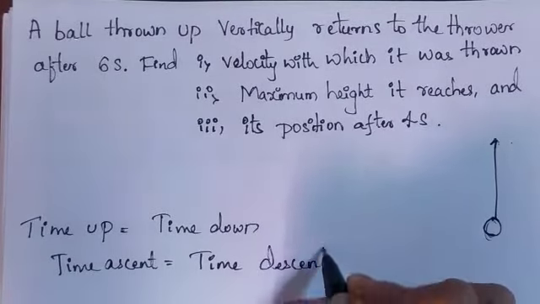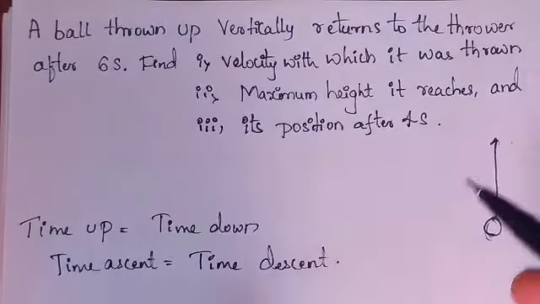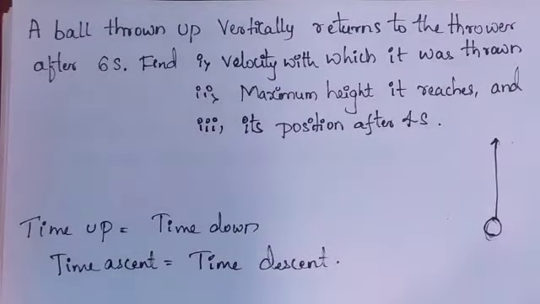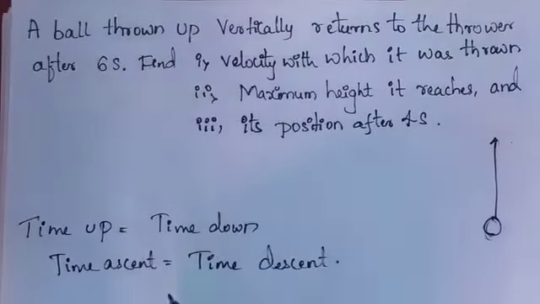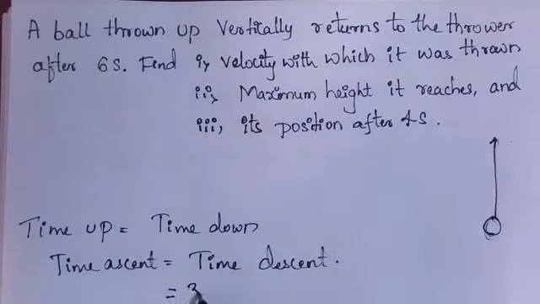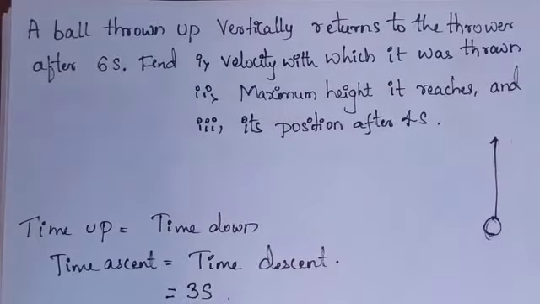Here, after going up and going down, the total time was given as 6 seconds. That means time of ascent is equal to 3 seconds. So 3 seconds it takes to go to the upward position, and again 3 seconds it takes to go to the downward position.